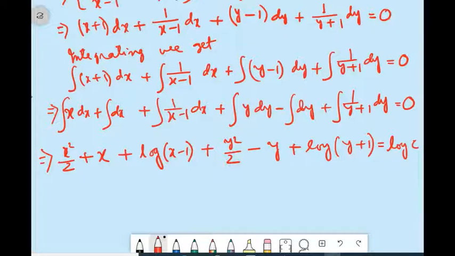Let us write as log of c, where c is the constant of integration. I am writing in short.